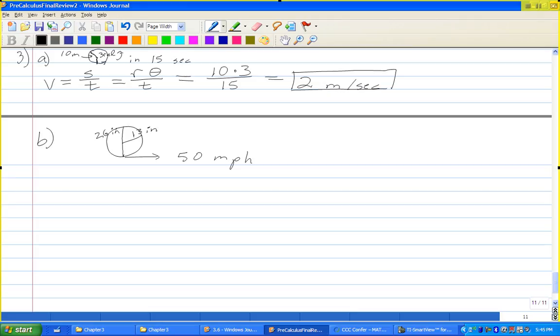Oh, it's in miles and inches. Express the answer in revolutions per minute.